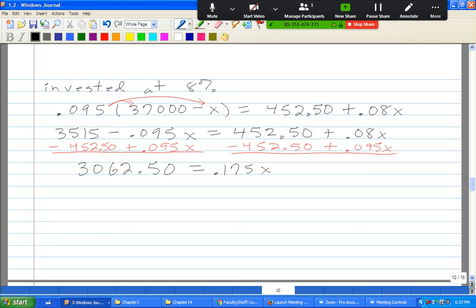Divide both sides of your equation by 0.175, and so you get that x is equal to 17,500. And so the remaining amount, 37,000 minus the 17,500, is 19,500.